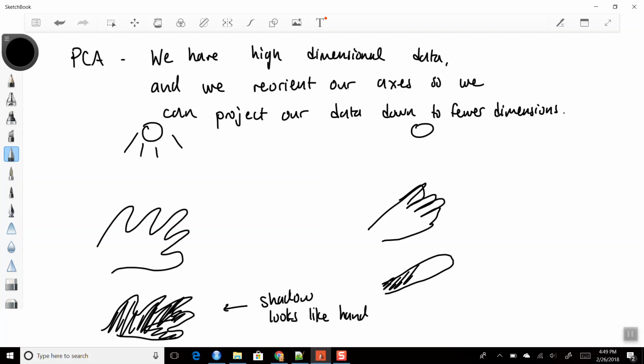The shadow could look like this if you orient your hand this way. This is also a perfectly valid projection of the data, but you lose the structure here. Another valid projection, but structure is lost.